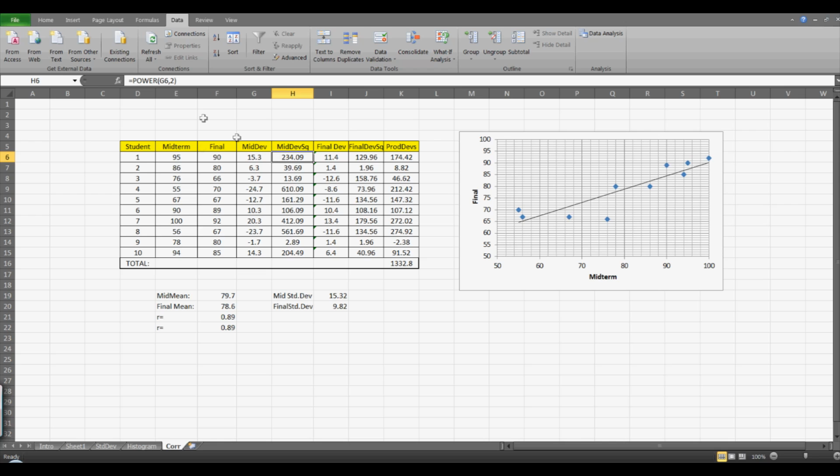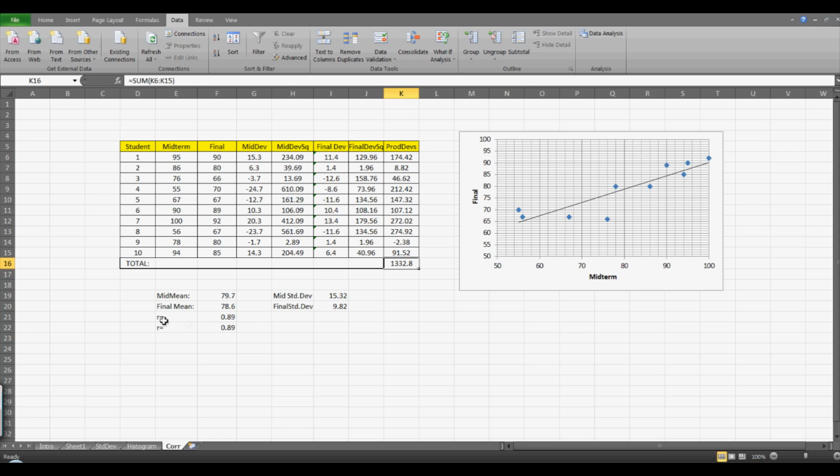For example, here you see that I've raised G6 to the second power, and I get this number. For the product of the deviations, I told it to take this box and multiply them together, and then again, I just dragged it down. And then I took a total of the product of the deviations.